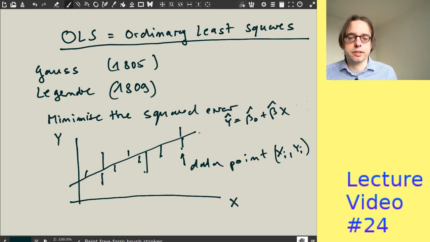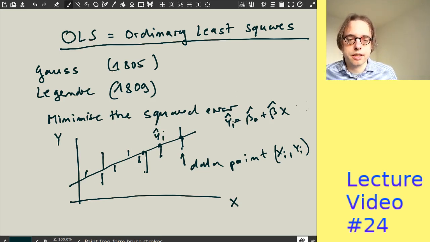Okay, sorry for that. So this is our predicted. These points here are the predicted y hat i values on this line. So they form the predicted line.